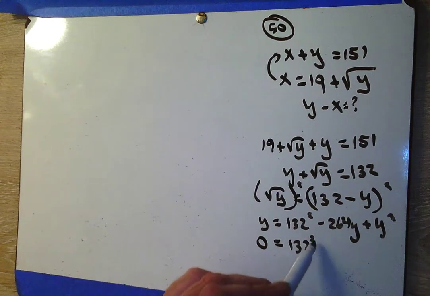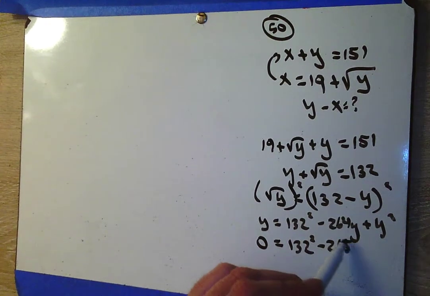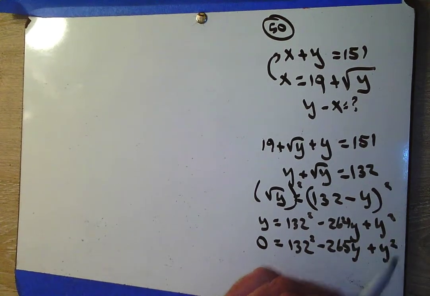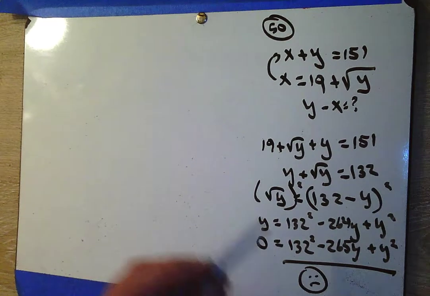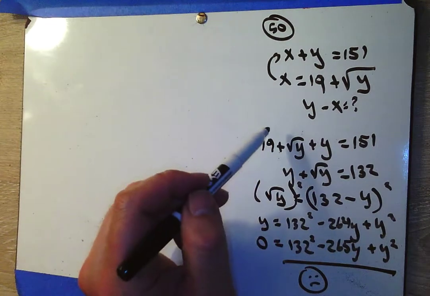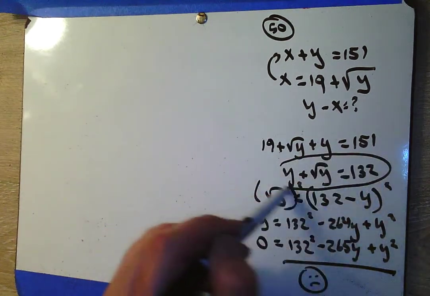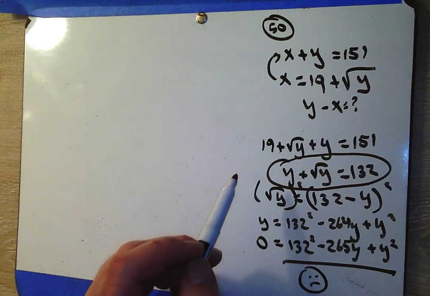And you get 132 squared minus 265y plus y squared. And then you're going to use the quadratic formula on that. Ew. So I recommend, at this point, solving this graphically.